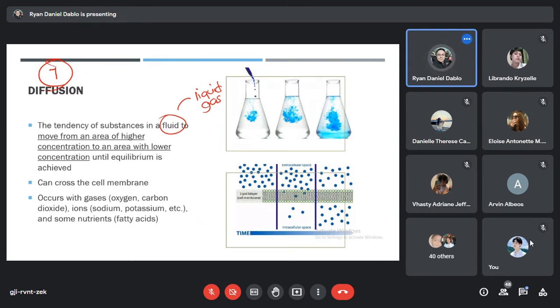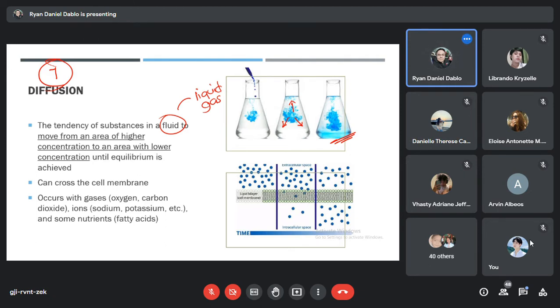After a while, it will spread out because of the natural tendency for molecules to disperse in a fluid, right? Until such a point that the appearance of the water will look uniformly blue, which means that at this point, the molecules of that substance have achieved equilibrium. It has been distributed evenly across the entirety of the space.